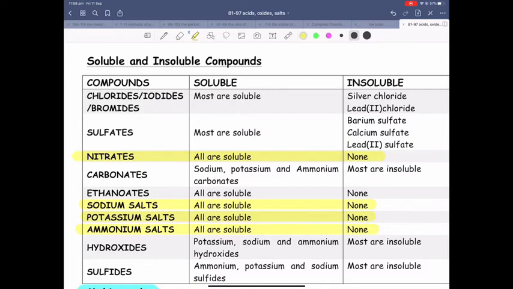And then you've got, for example, the hydroxides, which are generally insoluble. They're mostly insoluble, but the soluble ones are mentioned here. These are the ones you need to know, the soluble ones. There are also other soluble ones, but you don't need to know them. In other words, they'll tell you in the question what its state of solubility is.